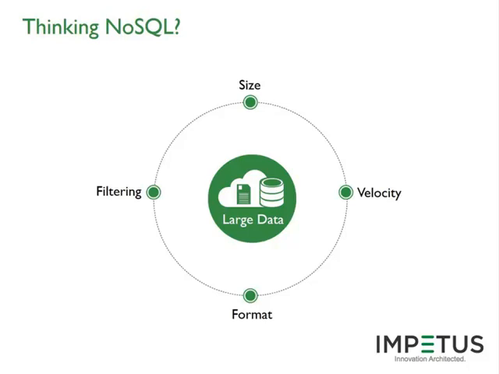So in thinking about NoSQL, one of the next big questions that you may be asking is, when should I start looking at NoSQL? And what are some examples of use cases that might help elaborate that?